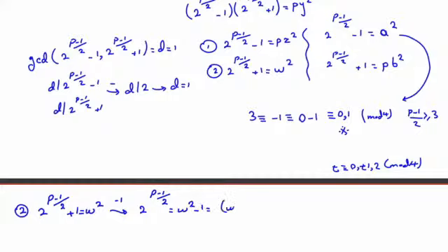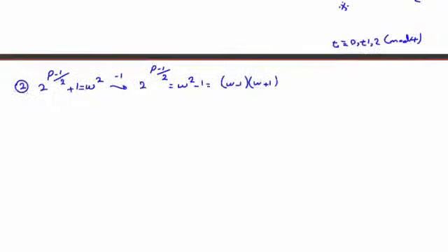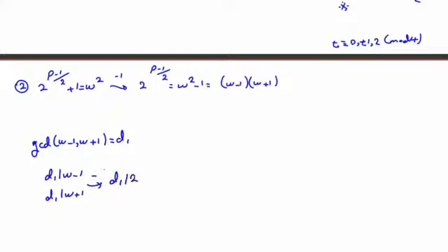So it will be w minus 1 times w plus 1. Now here, again we consider the GCD. Suppose the GCD of w minus 1 and w plus 1 is d1. Then we can say d1 divides 2. Why? Because d1 divides w minus 1 and w plus 1. If we subtract, d1 divides 2, so d1 is 1 or 2.